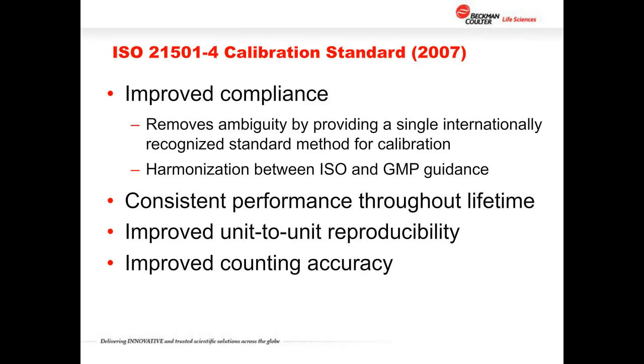And this calibration standard, by the way, is not new. It's actually been there since 2007. And so it's something that's familiar generally to the industry. What that gains us is much more consistent performance throughout the lifetime of the instrument and better unit-to-unit reproducibility. So our overall counting accuracy, based on that counting efficiency test, improves.